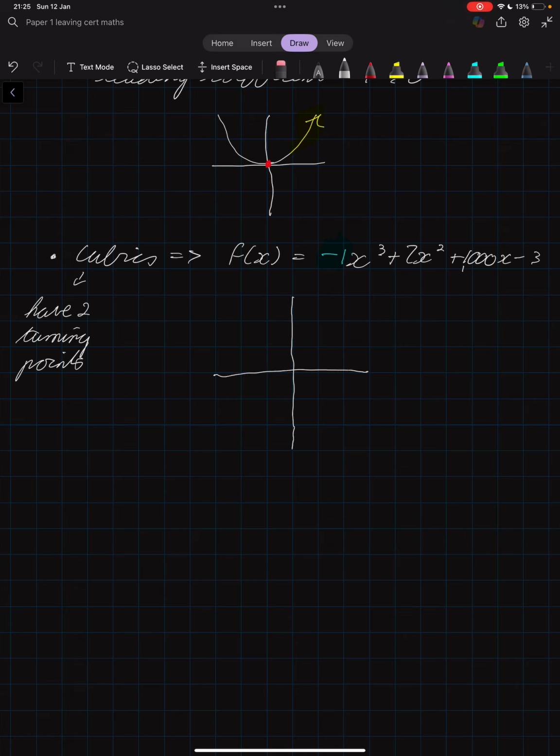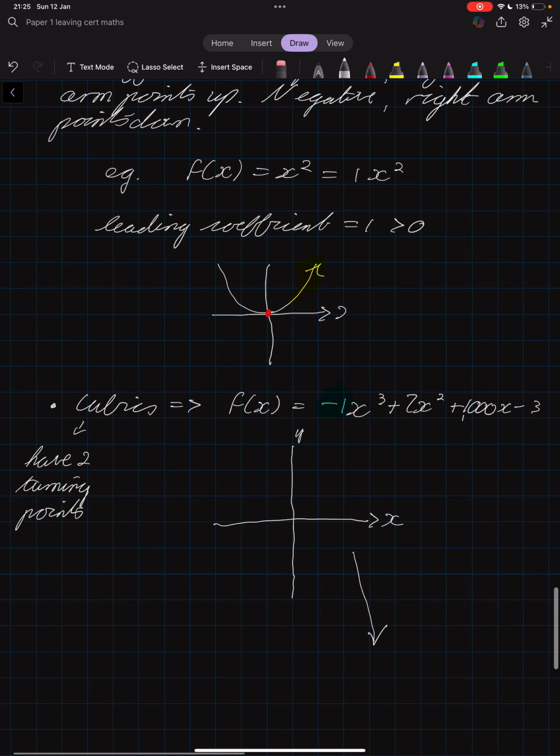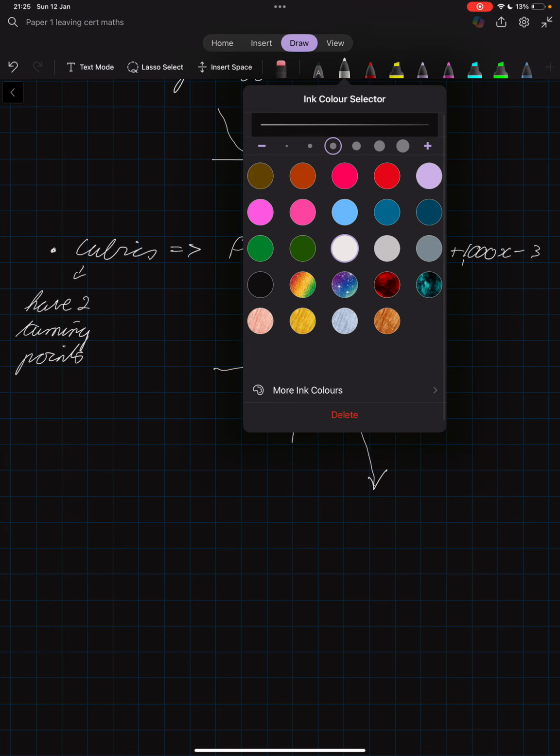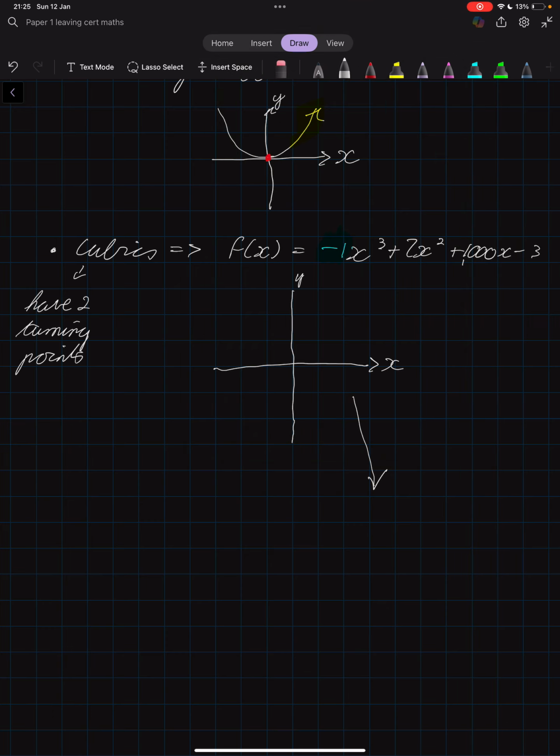Okay? And that's the right arm, or this is x and this is y. Sorry, I never specified that. So here we have that it goes down. Okay? And it has 2 turning points, which means it'll look something like this, where here it has 2 turning points.